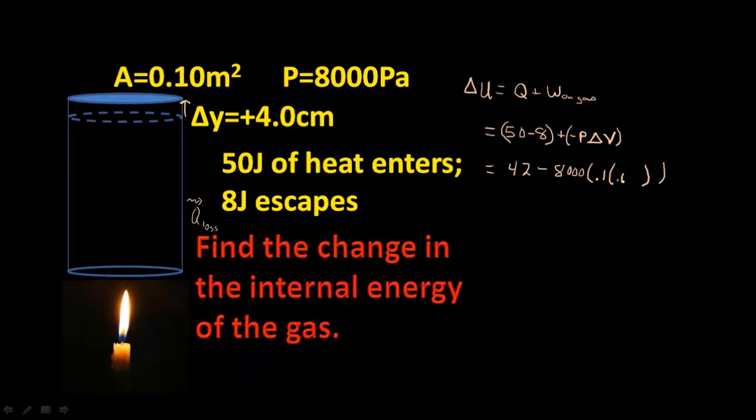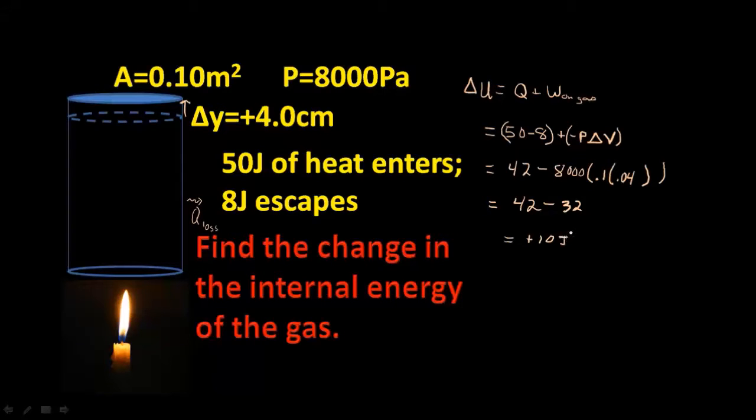Remember, we have to do this in terms of meters. And so if we continue doing our math correctly, we have 42 minus, well, let's see, 8,000 times 0.1 is 800. 1/100th of 800 is 8, times 4 is 32. And so the answer is positive 10 joules.